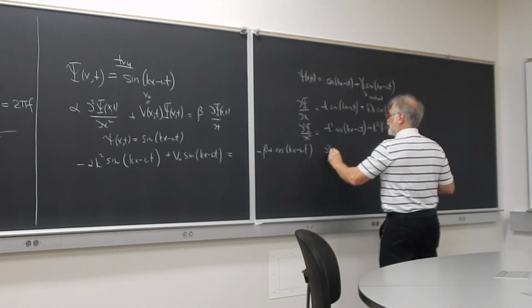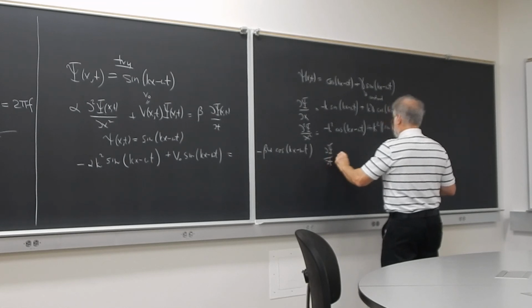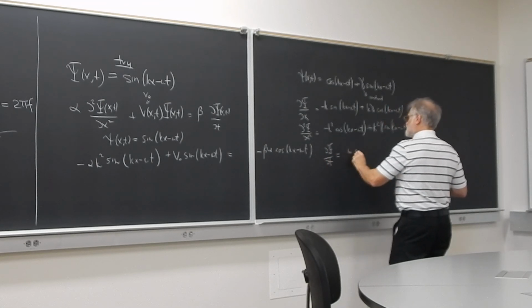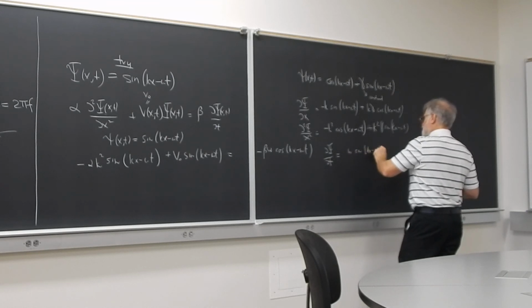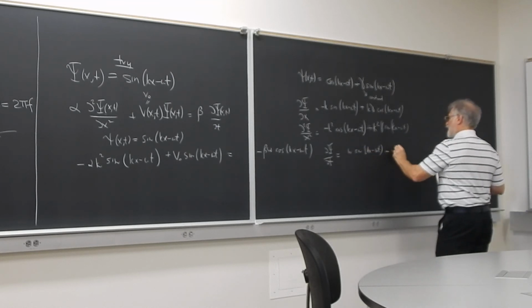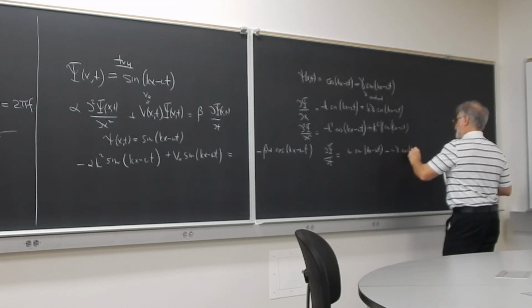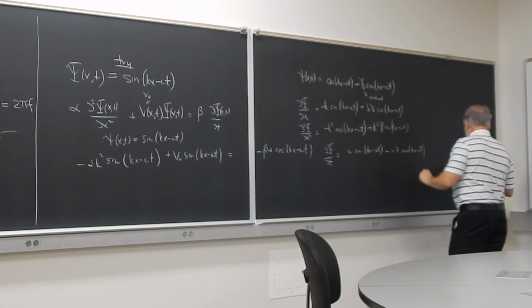My first derivative of psi with respect to t turns out to be omega sine(kx − ωt) minus omega gamma cosine(kx − ωt).